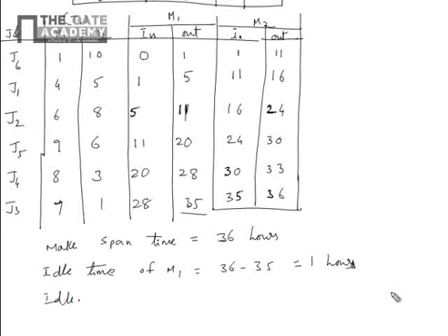So idle time of machine 2 equals the beginning 1 hour, plus when job 4 leaves machine 2 at the 33rd hour, job 3 is still in the processing stage on machine 1. So it takes 2 hours idle time for machine 2, from 33 to 35. If you see, there is a gap here, 33 to 35. So by this time the machine was idle. So total 3 hours.